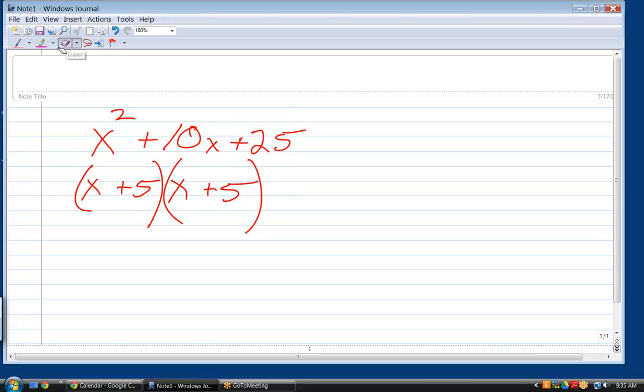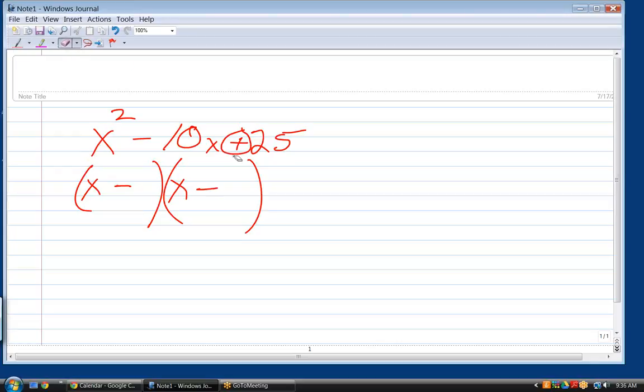Okay? Now, let's go back and change that plus 10 to a minus 10. Now, what is step 2? What are the signs? This says they have to be the same. Minus minus.